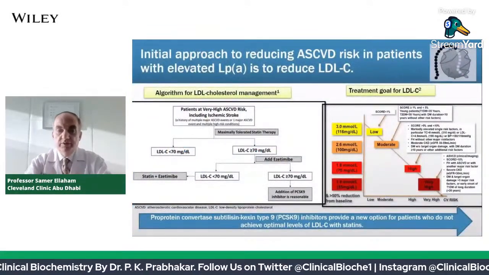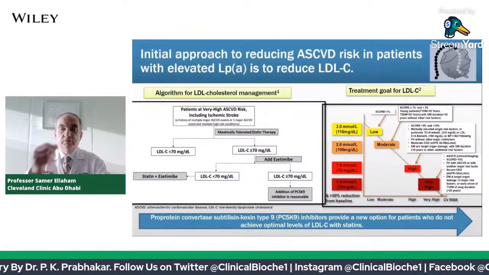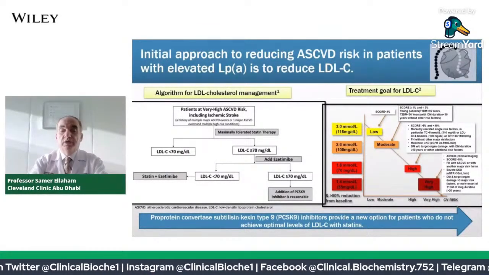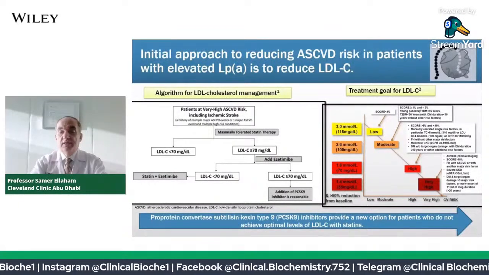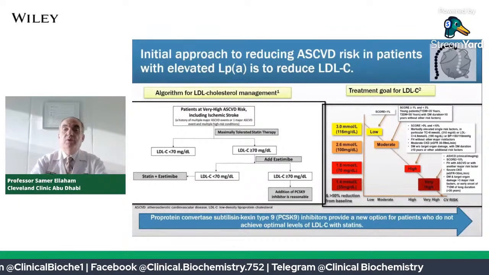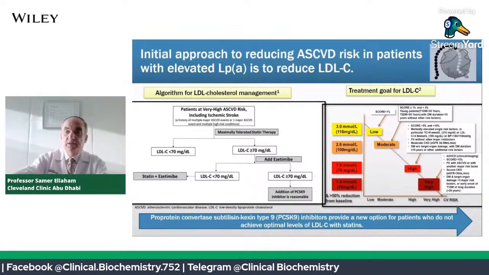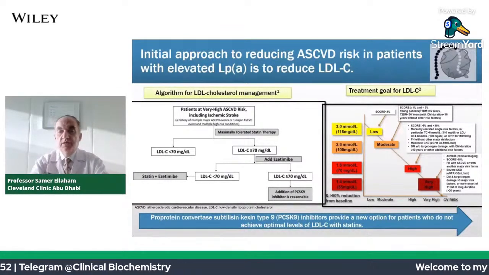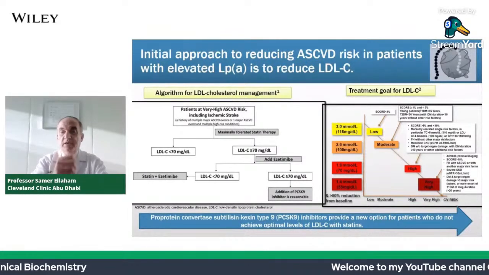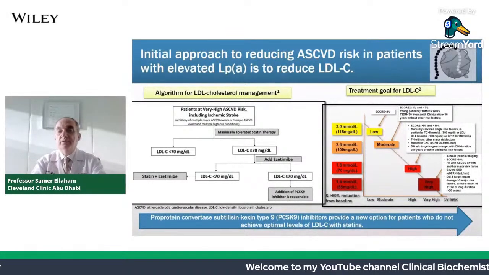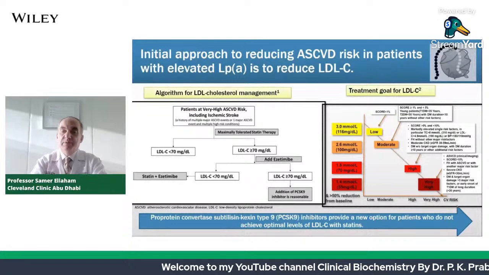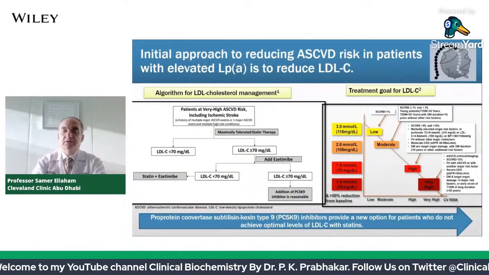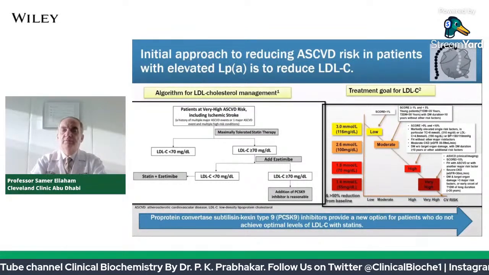So as a reminder, whether you look at the American or the European guidelines, we all know that we are targeting LDL as our primary focus, while we're not forgetting about non-HDL and others. So there is no change whatsoever. On the contrary, if the Lp(a) is found to be elevated, although we don't have a targeted therapy to address Lp(a) specifically, we still will be more aggressive, more strict, more reinforcing.